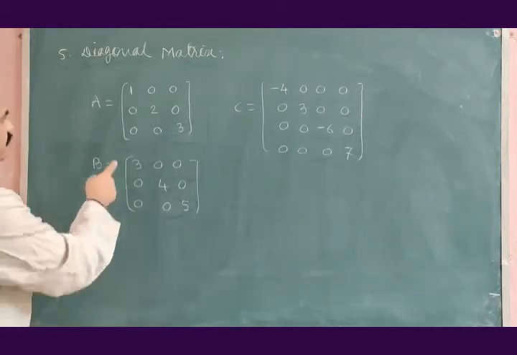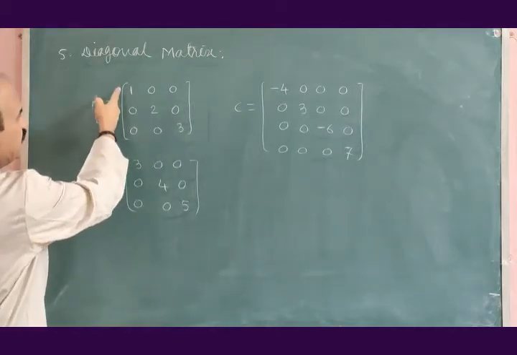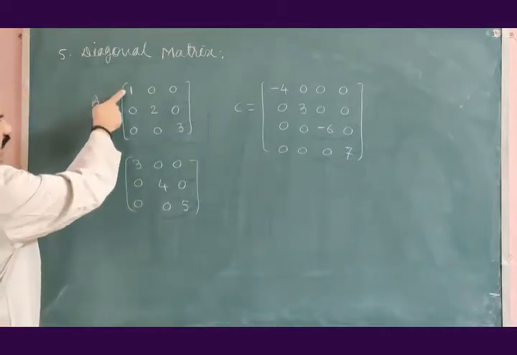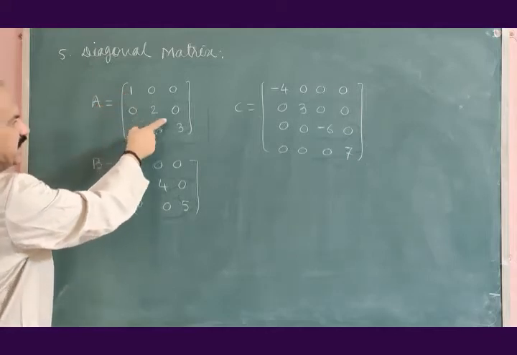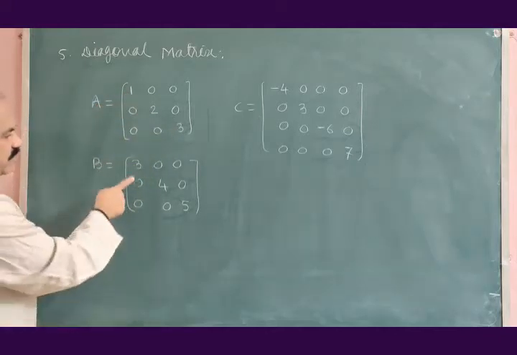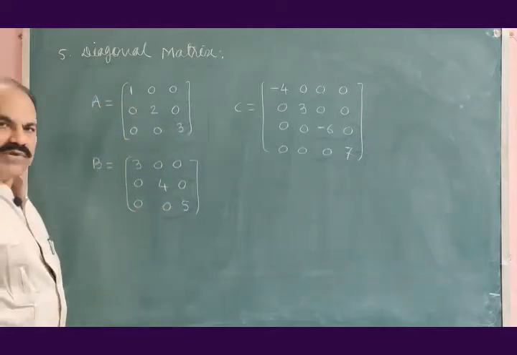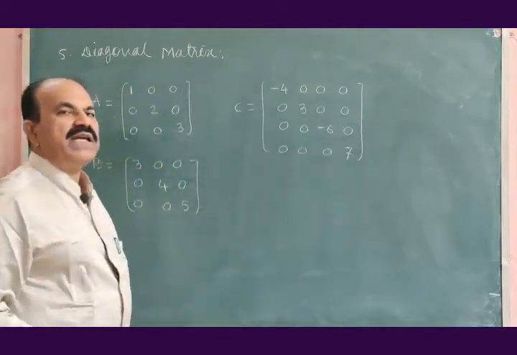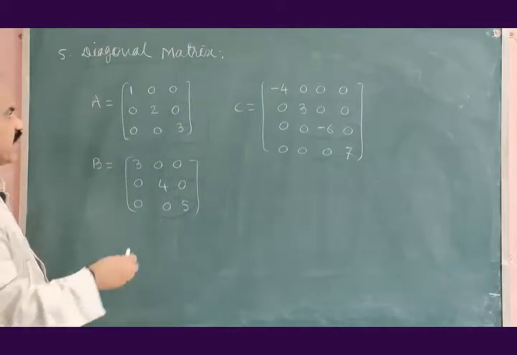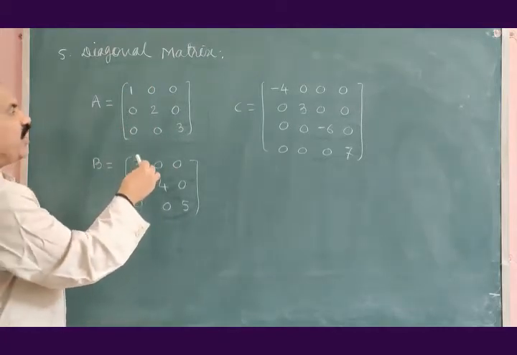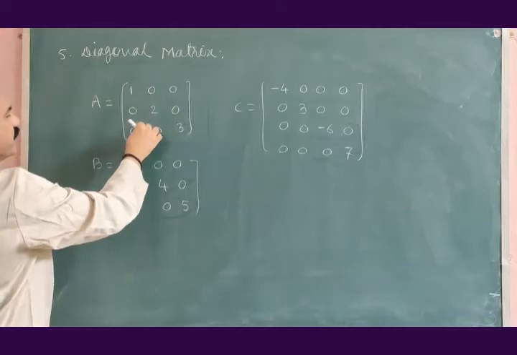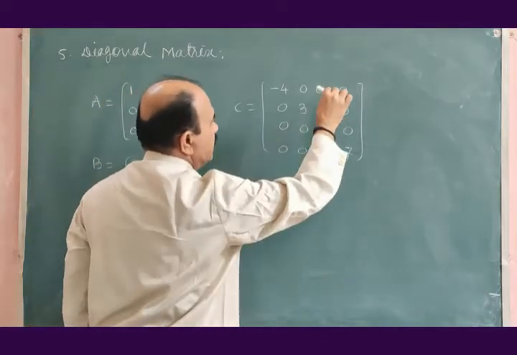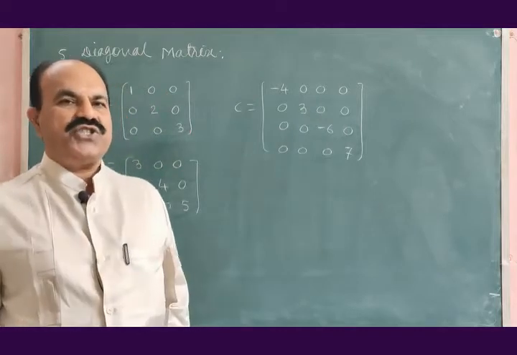As you see here, this diagonal is known as the principal diagonal. The principal diagonal elements are non-zero. The non-diagonal elements, these and these, are all 0.